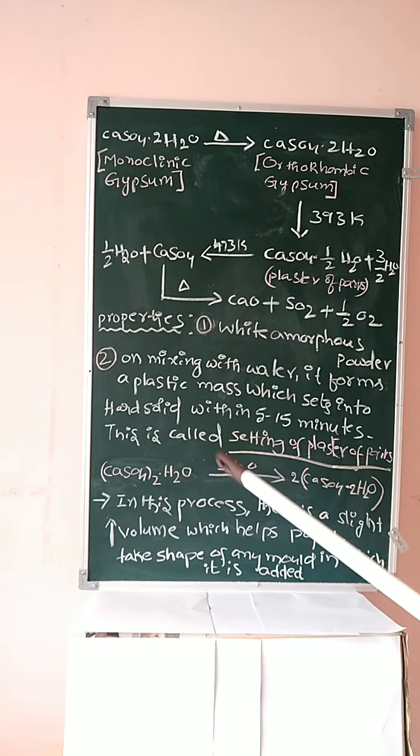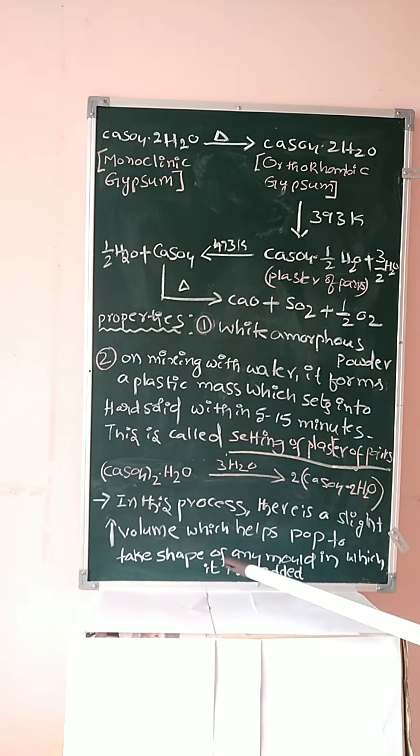If plaster of Paris is added to a beaker, that shape is obtained. Added to a conical flask, that shape will be obtained. Added to a measuring jar mold, that shape will be obtained. Therefore, the shape depends upon the nature of the mold.